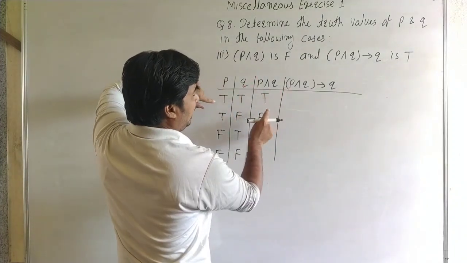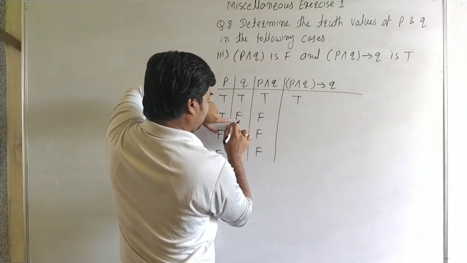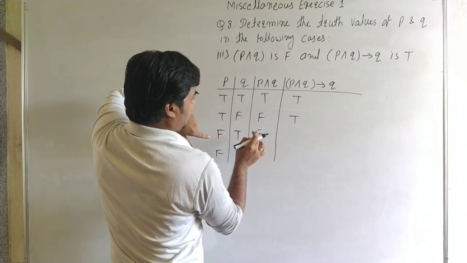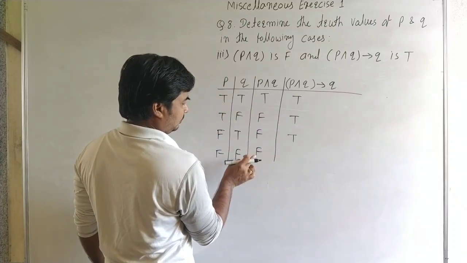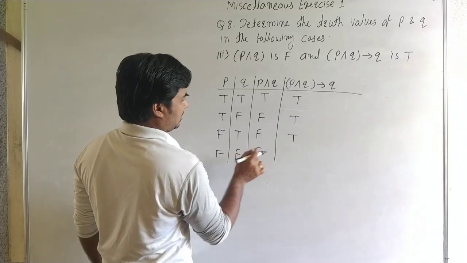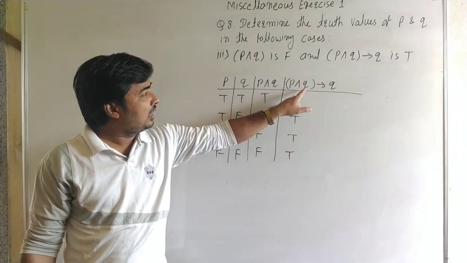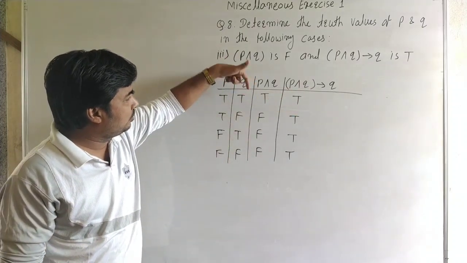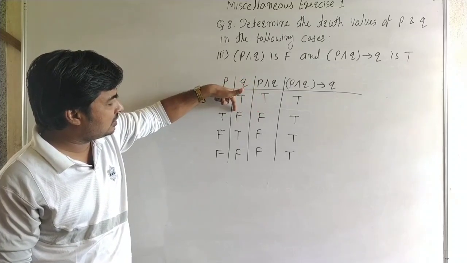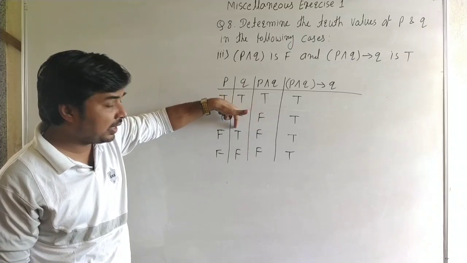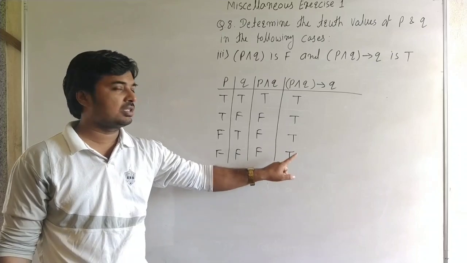That means P and Q true implies true is true. False implies false is true. Then false implies true is also true, and false implies false is again true. See carefully: P implies Q, true implies true is true, then false implies false is true, false implies true is true, and false implies false is again true.